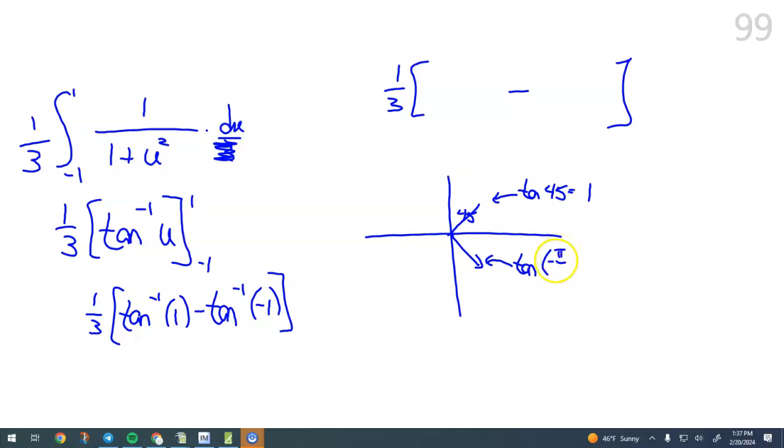Negative pi over 4 is negative 1 because now the cosine is positive and the sine is negative. So you have negative root 2 over 2 divided by positive root 2 over 2, which is negative 1. So this becomes pi over 4. That becomes negative pi over 4, and that you could leave.